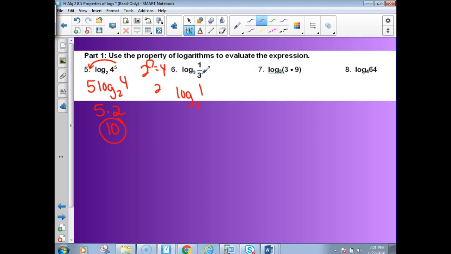It's a division, or using the quotient rule, we can rewrite it as minus the log in base 3 of 3. And log in base 3 of 1, 3 to what power is 1, would be 0. And the log in base 3 of 3 would be 3 to what power is 3, and that would be 1. And 0 minus 1 is -1. So it just gives us another way to figure it out.